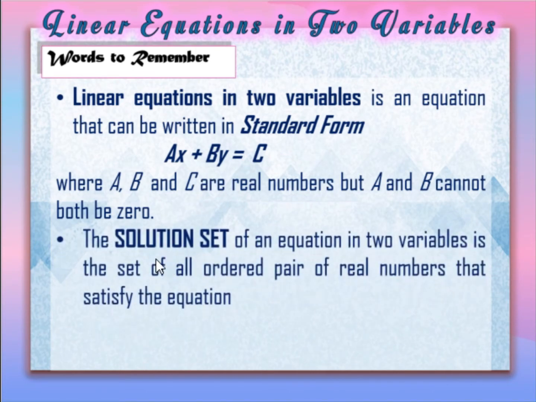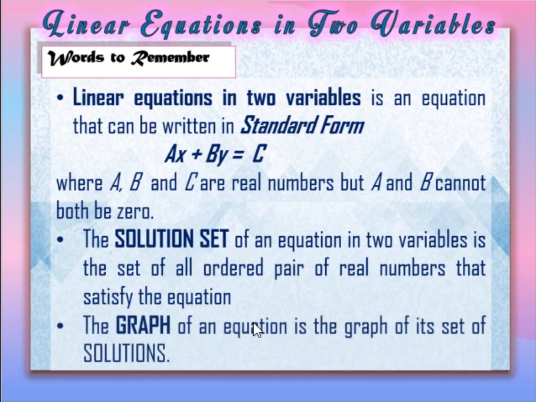Then we have the term solution set. The solution set of an equation in two variables is the set of all ordered pairs of real numbers that satisfy the equation. And the graph of an equation is the graph of its set of solutions.